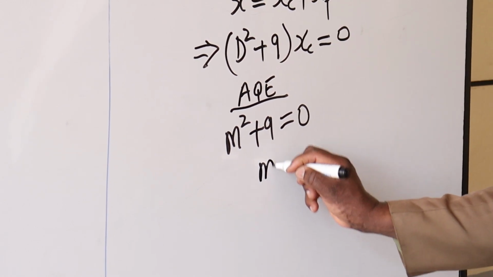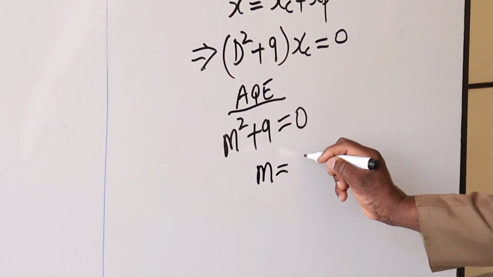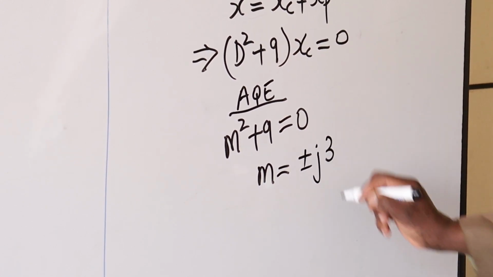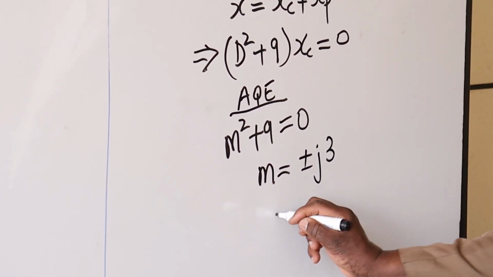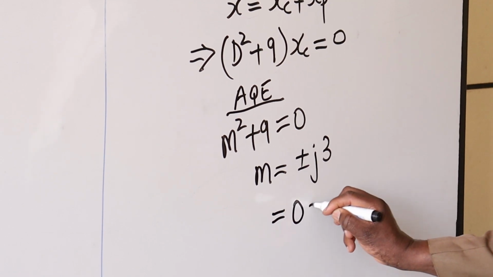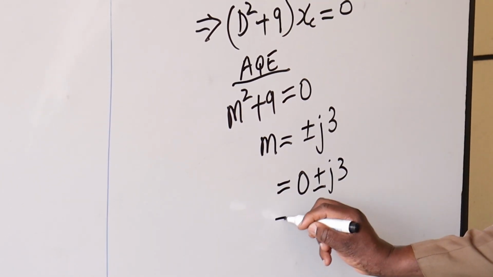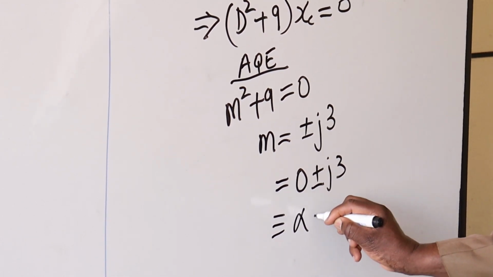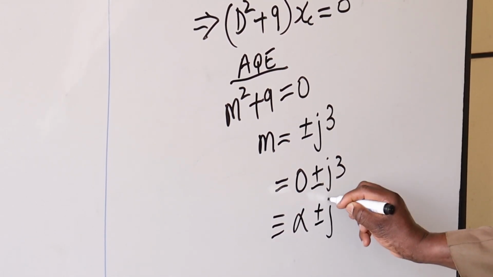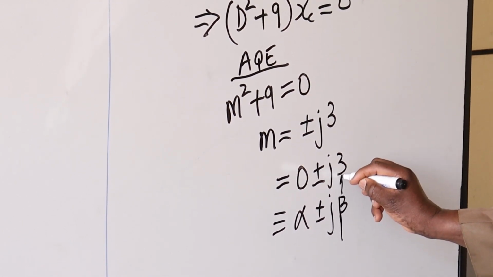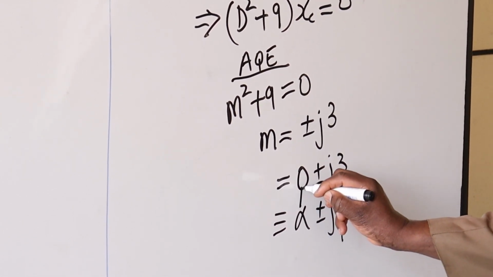So this gives us m will be equal to plus or minus j3, which is 0 plus or minus j3, which resembles alpha plus or minus j beta.